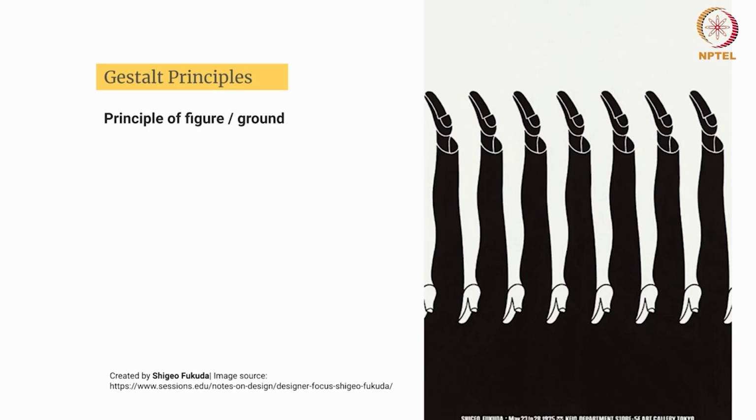But if you follow the female portion, when you see the female leg, then the female leg acts as a foreground and the black becomes the background. So that's why the word dual perception has been talked about.